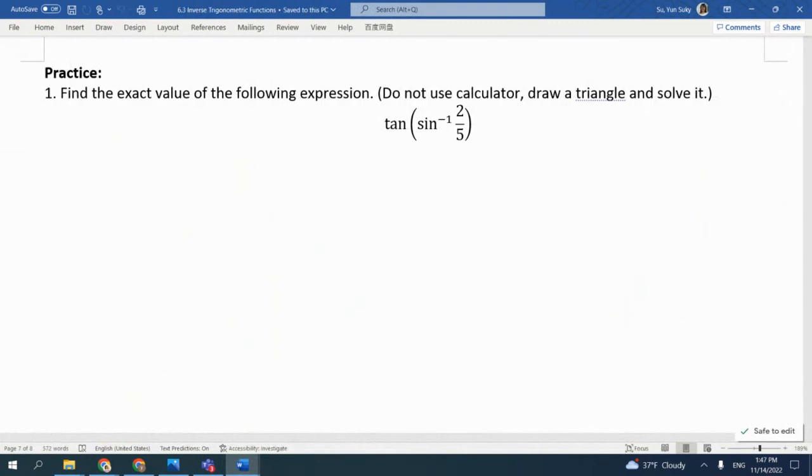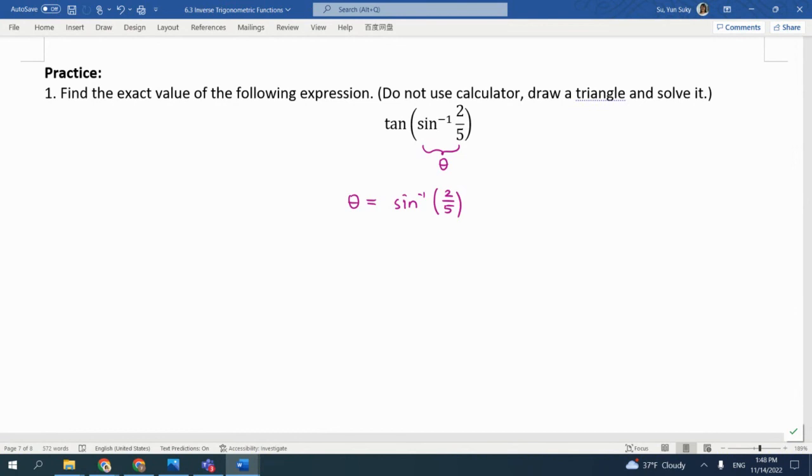All right. In the exam, I will ask you the following: find the exact value of the following expression. Do not use a calculator. Draw a triangle and solve it. So what do you do first? You call this theta. This means theta is arcsine of 2/5.